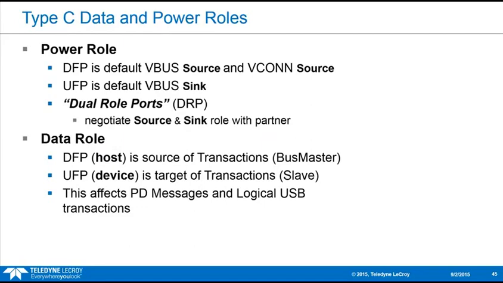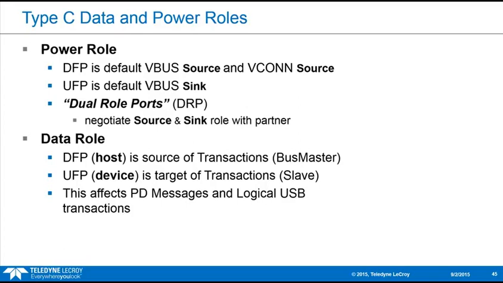So I mentioned that PD and Type-C have a provision to swap both data roles and power roles. Again, there's a lot of confusion around this term DRP, which used to refer to data swapping in the OTG world, but this basically replaces OTG. OTG is dead, right? OTG is gone. It went away, I guess. But in the PD world, DRP only refers to power role swapping. So a DRP can say, I'm getting low on battery, you be the source.